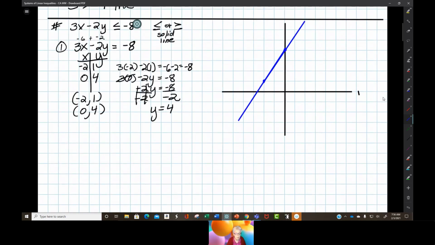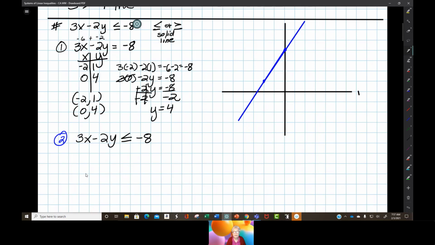Now we're going to change to part 2, which is going back to what I'm really dealing with, which is 3x minus 2y is less than or equal to negative 8.